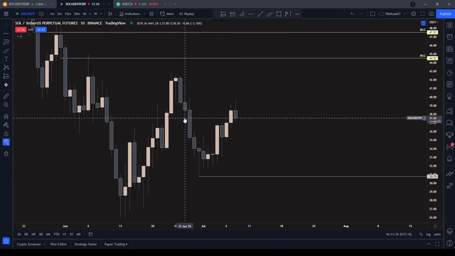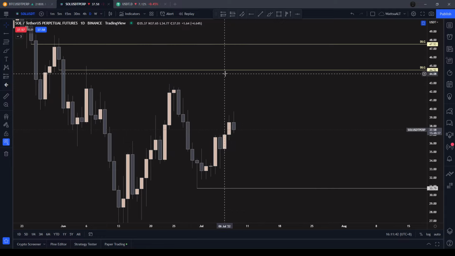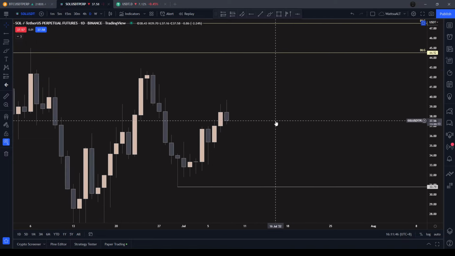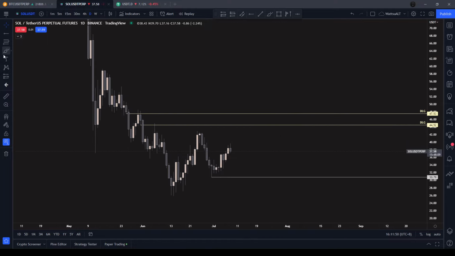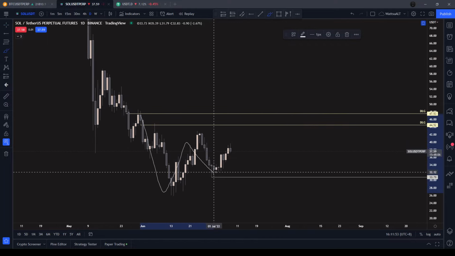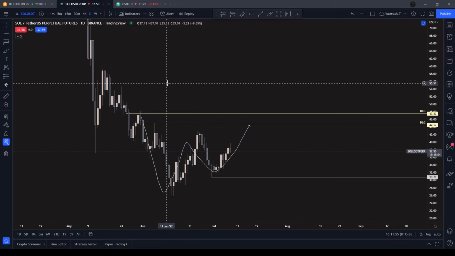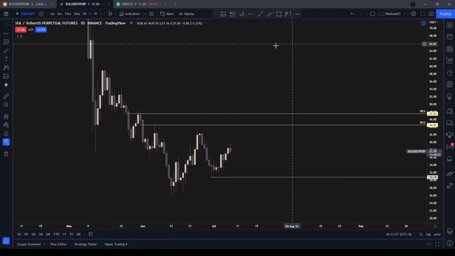If we see this, we are just claiming LGs on the daily. The next LG is actually on this high at 44.5. That's a possible target, given that BTC would also be bullish as Solana.